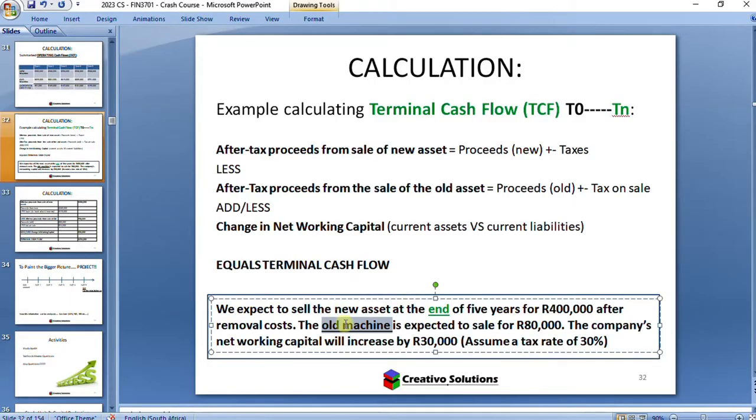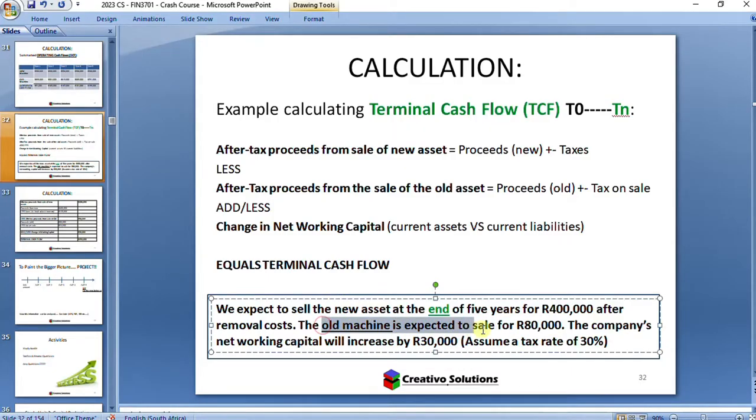So if I have an old machine and they tell me the old machine still has some value, even at the end of the life of the project, you might be wondering, how is this still relevant at the end? Because you sold the asset. You sold the asset, but it's still relevant because it's a cost that's attached to the old asset. Had I kept the old asset, had I not replaced it, there would still have been some value.